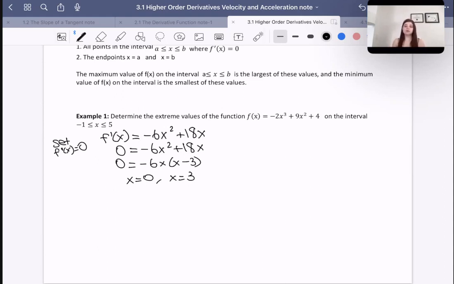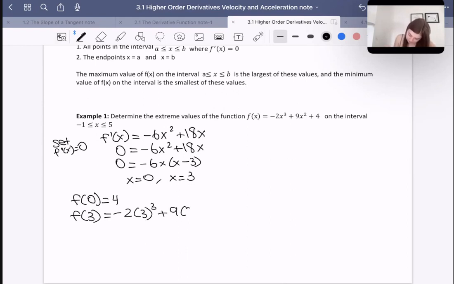So now I'm going to figure out what y values are associated. So f of 0 is just equal to 4, right? Because these terms would just be gotten rid of. And f of 3, if we did the math, we would figure out that f of 3 is equal to 31. I'll show why it's 31.